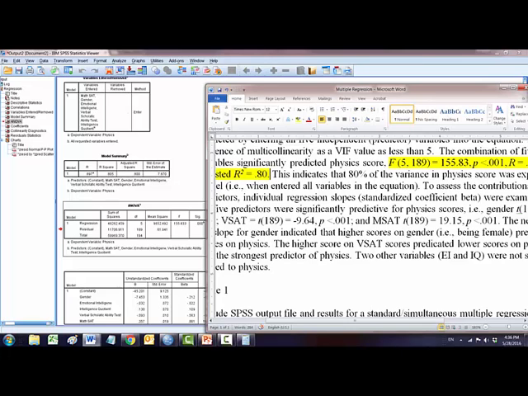Make sure that these symbols are italicized: F, p value, R square, and also make sure there is space around these equal signs, so we have enough space between the numbers and the letters. So all of these are italicized: F value, p values, R square. That's it.